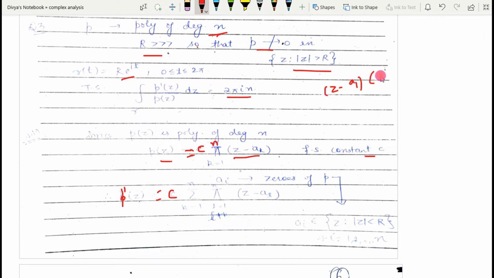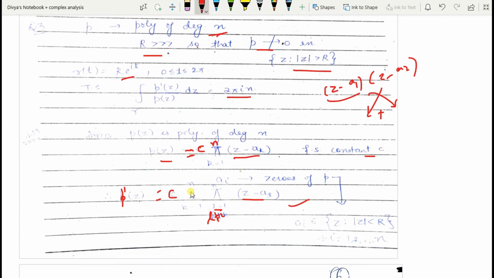Let us see how we find the derivative of this. Take the function z minus a1 and z minus a2. The derivative of this would be, differentiating with respect to this one, this function as it is plus this function as it is. So this would be the summation over i from 1 to n of the product of z minus al, for l not equal to i.